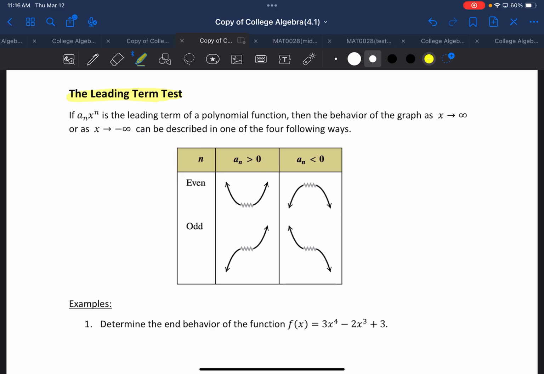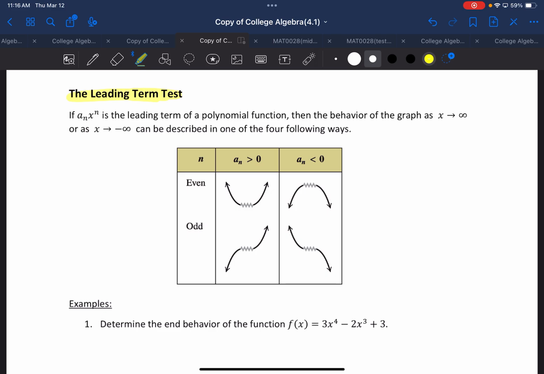It's called the leading term test because we're going to use the leading term to determine what's happening to my graph at the endpoints. So where is it going as it goes to negative infinity? And what is my graph doing as it's going to positive infinity? That is called the end behavior of a graph.